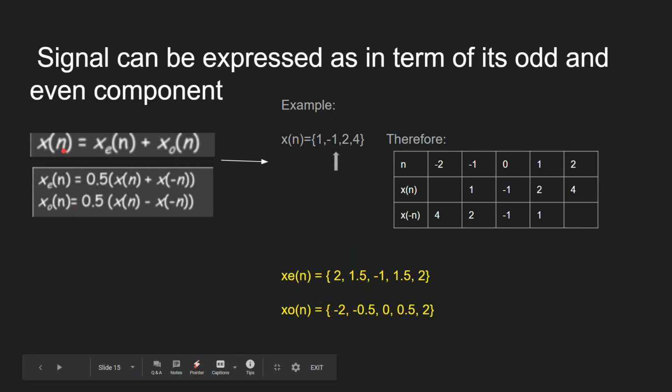Also remember that the original signal can be retrieved by adding these two components. So this will give you 0, and here you will get 1, minus 1, 2 and 4. So we get the original signal.